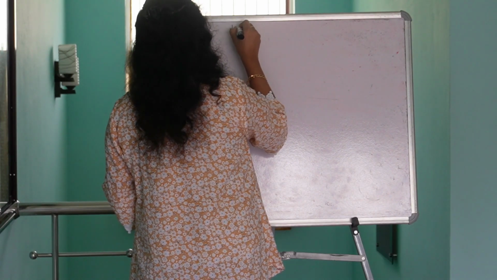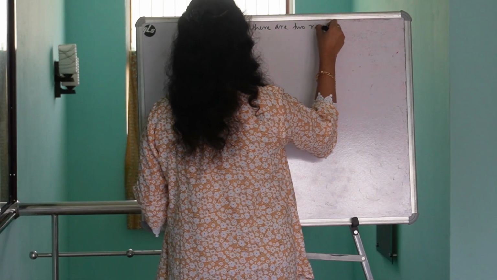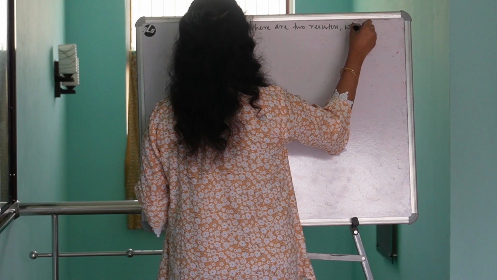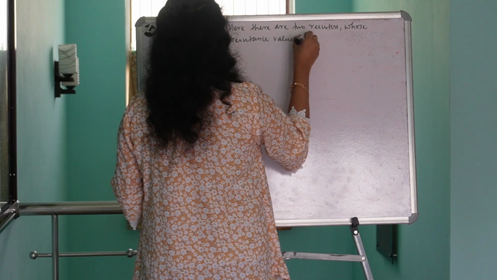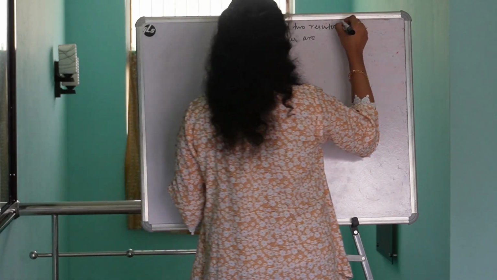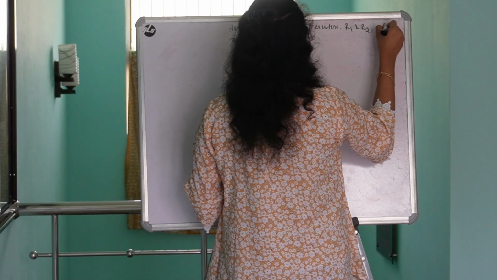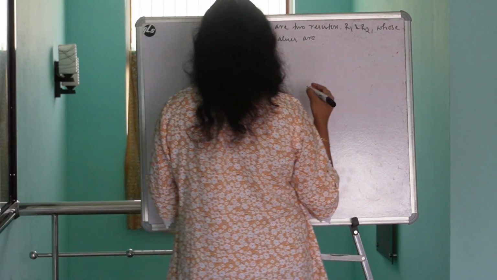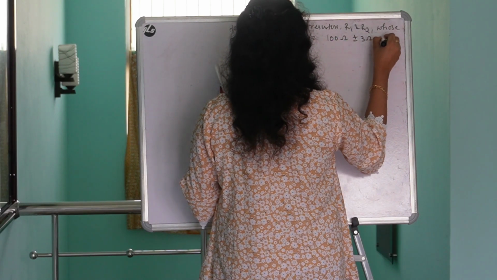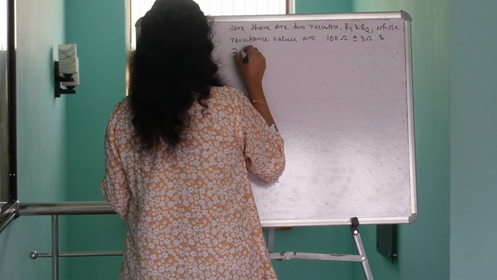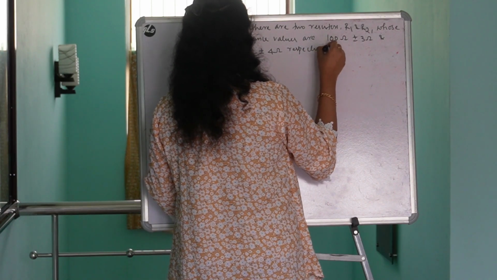here there are two resistors R1 and R2 whose resistance values are 100 ohm plus or minus 3 ohm and 200 ohm plus or minus 4 ohm respectively.